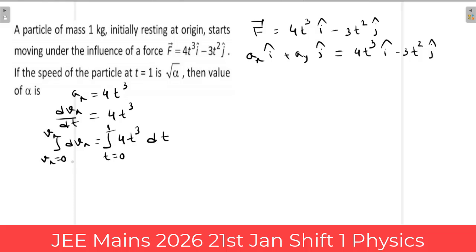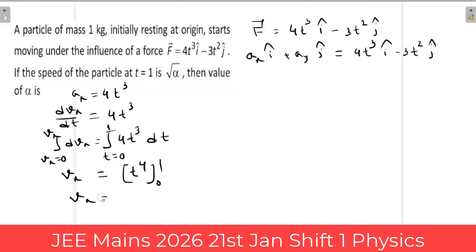So the integration of dvx is vx, which is equal to the integral of 4t³, that is t to the power 4 by 4 times 4, that is t to the power 4, and the limit is 0 to 1.